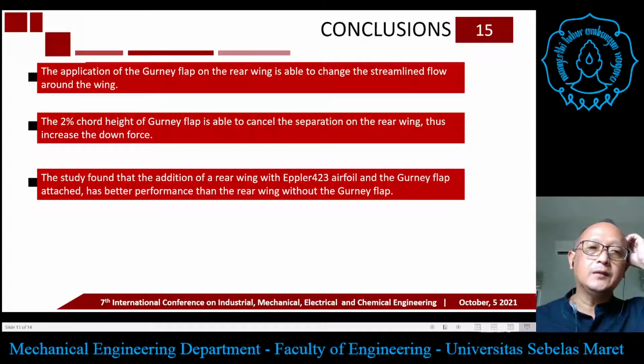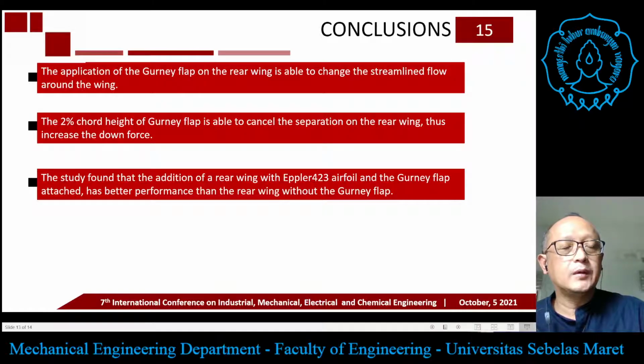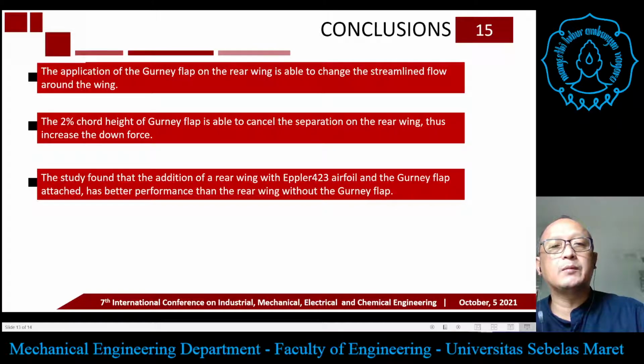So, as the conclusion, from the result, we find that the application of Gurney flap on the rear wing is able to change the streamline flow around the wing, and also that the 2% chord height of Gurney flap is able to cancel the separation on the rear wing, thus increasing the downforce of the rear wing.